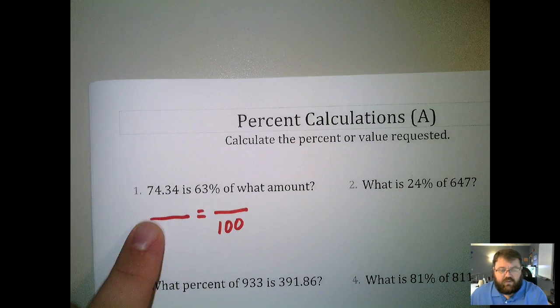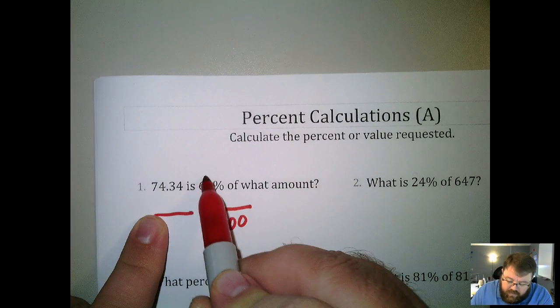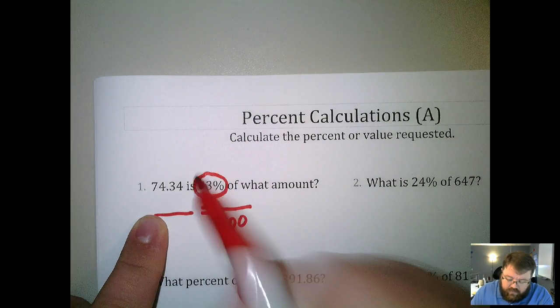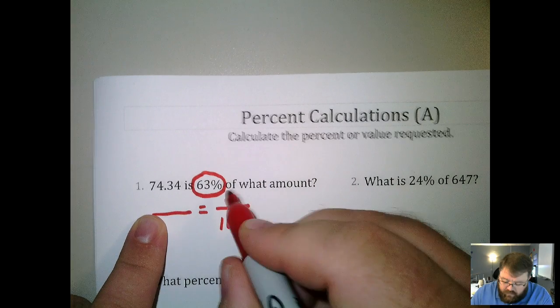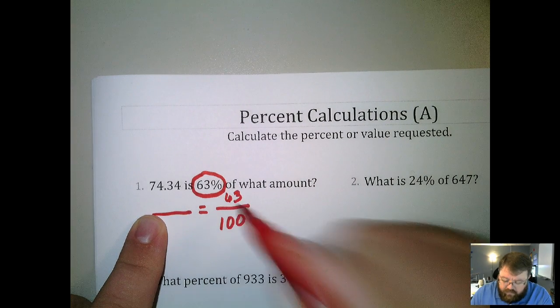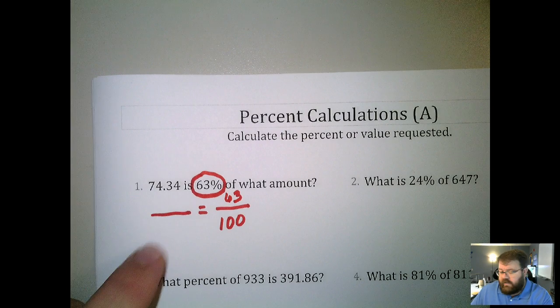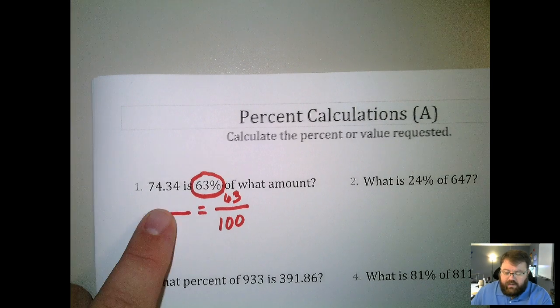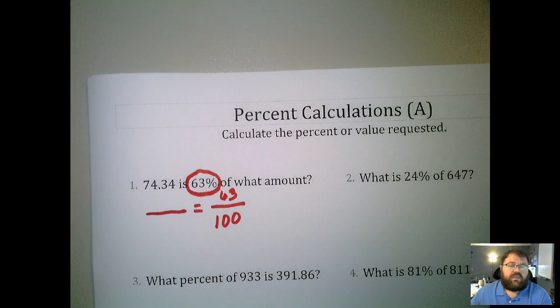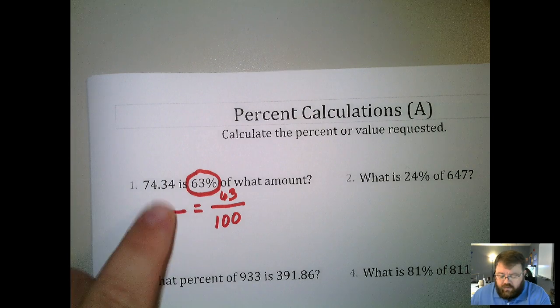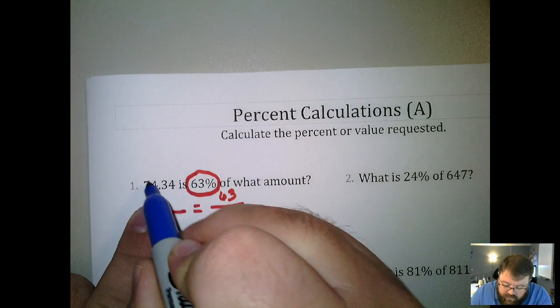Do I have a percent? I do have a percent, so 63% is going to go above the 100. Now, from here, I'm looking for my other number, and that's 74 and 34 hundredths is.